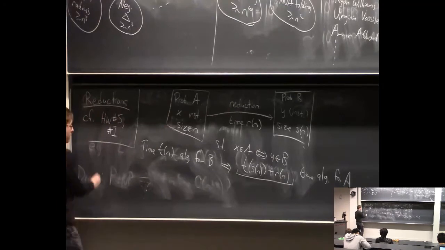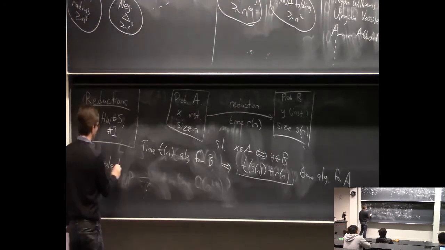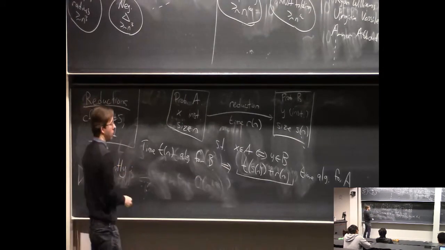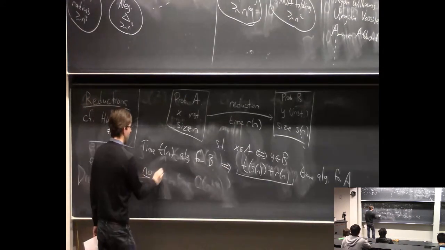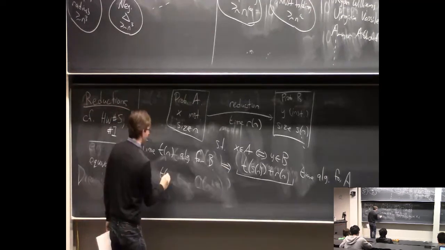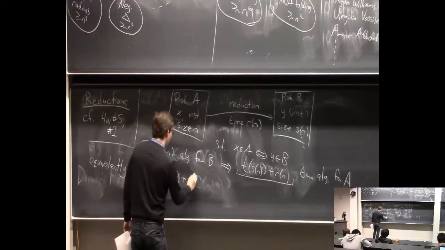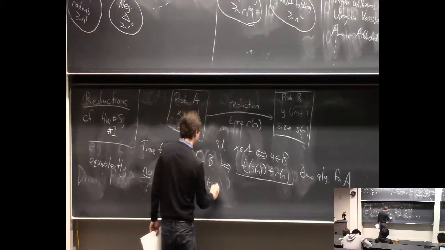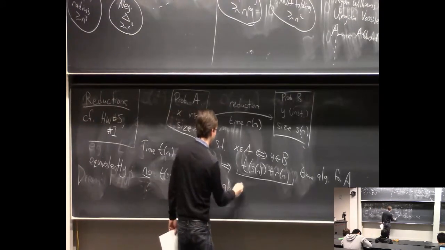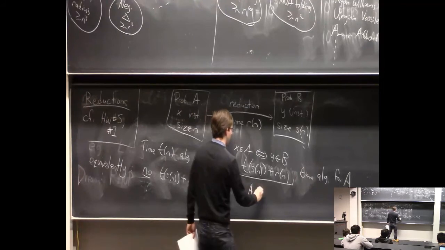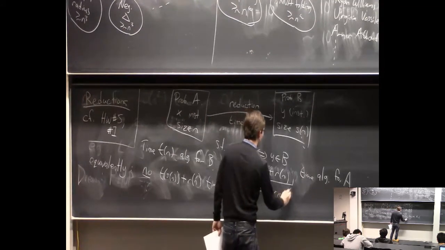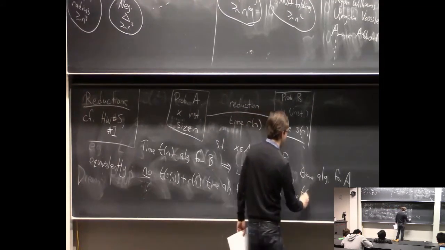But in hardness, we usually look at the equivalent contrapositive. The contrapositive is: if there's no t of s of n plus r of n time algorithm for A, it implies that there's no time t of n algorithm for B.